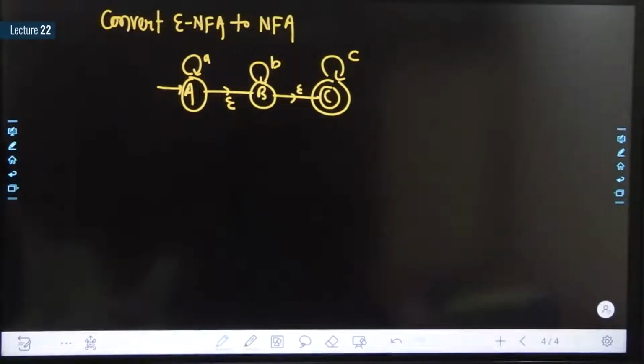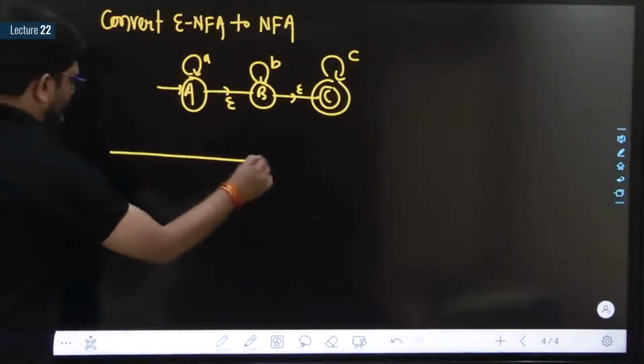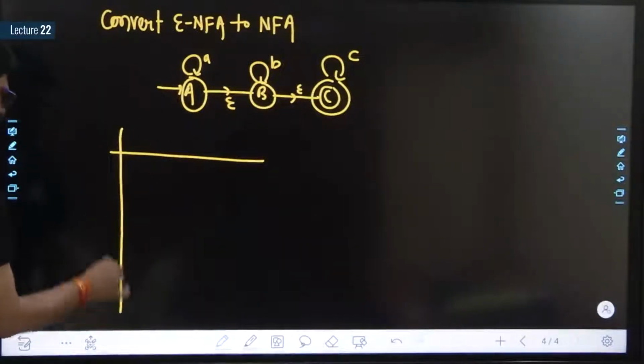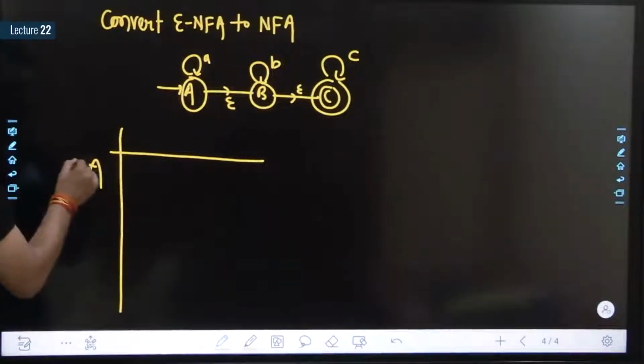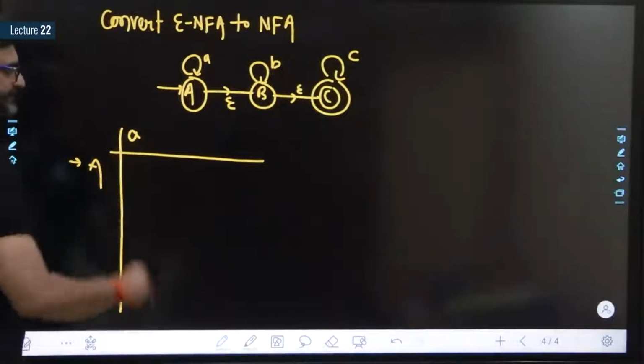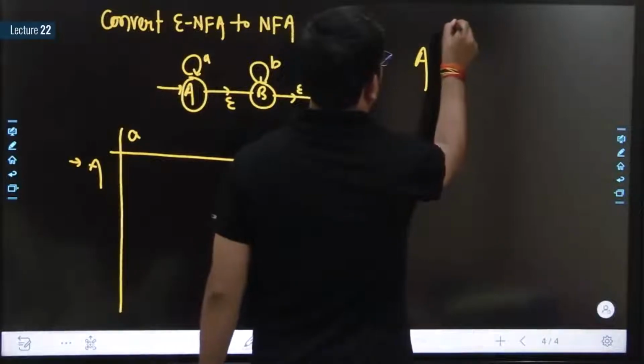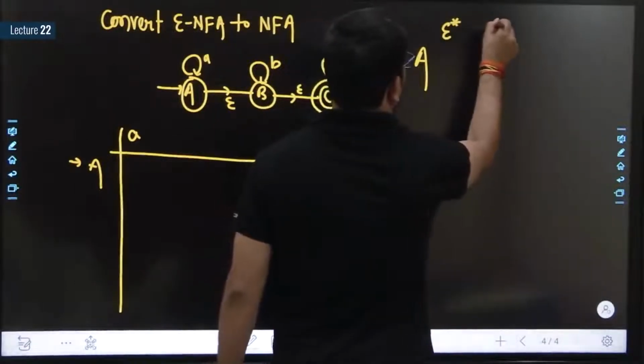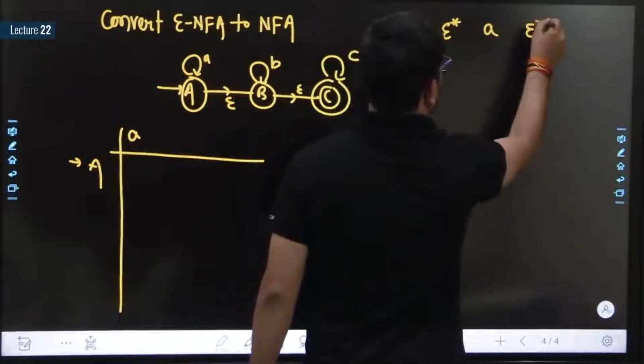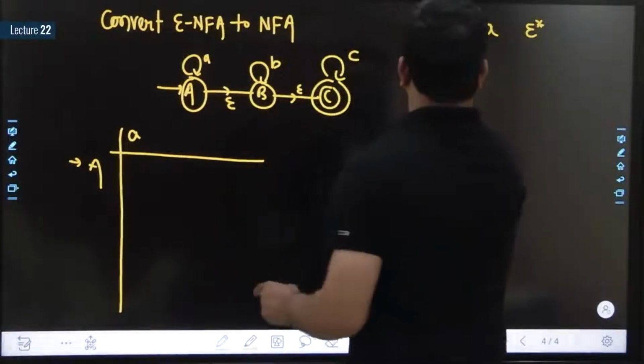Have you done this question? No. See. A is the initial state. A on A. Epsilon closure of A. What is the epsilon closure of A?